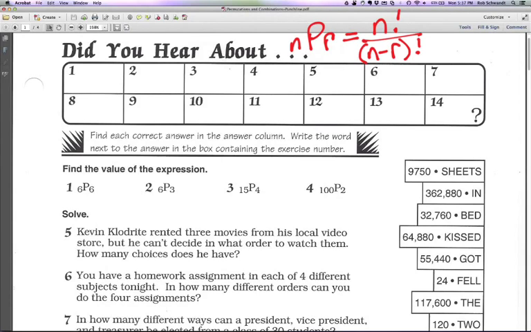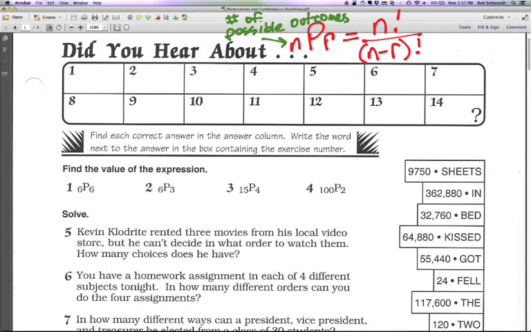Just to break down what all these letters mean, the n means the number of possible outcomes. These are all the things that could happen in this particular event. For example, if I have 52 cards in a playing deck, there are 52 possible things I could draw.